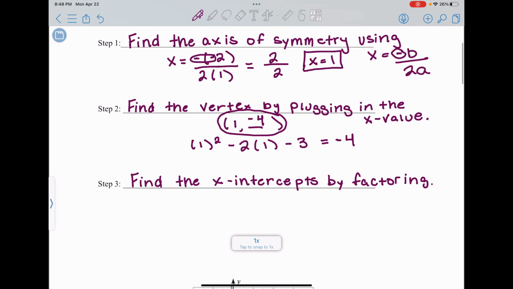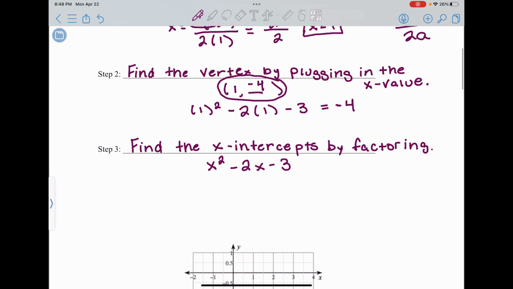So I'm going to rewrite my quadratic function down below, x squared minus 2x minus 3. And I want you all to get into the habit of looking for a GCF first, before you do anything else. Looking at this quadratic function, I do not see a GCF bigger than 1, so I'm going to proceed with the magic x.